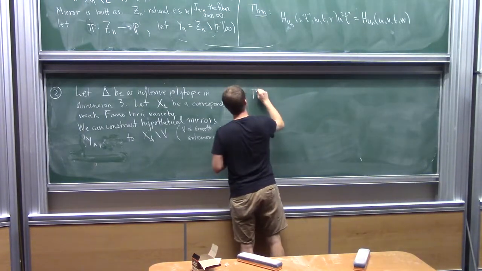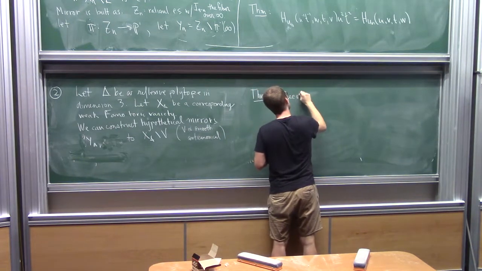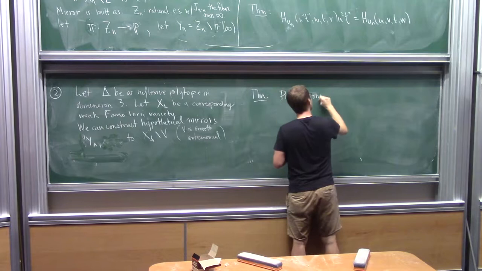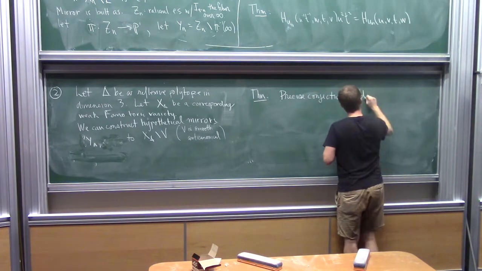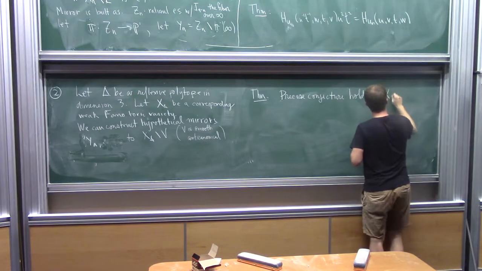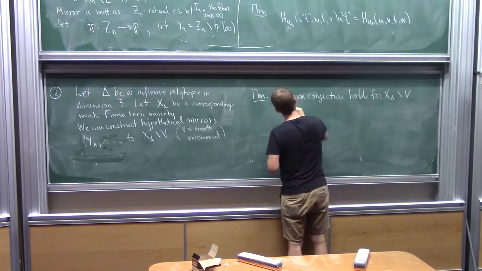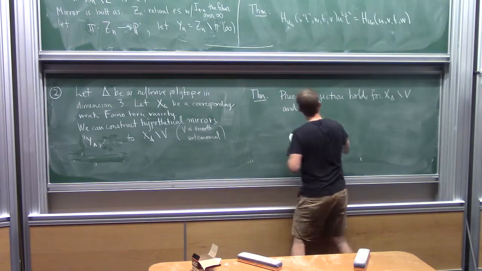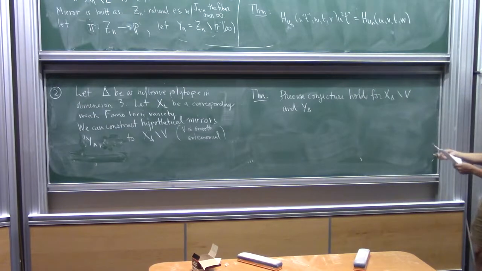So the theorem is that the precise conjecture holds for x delta, x_B and y delta. Okay. I didn't provide much detail here, but there's another several thousand cases that you can just prove.